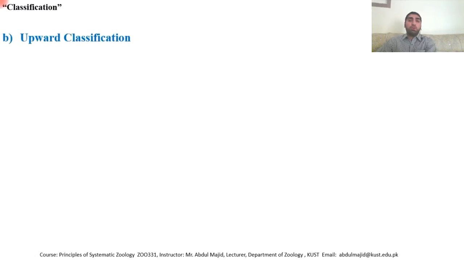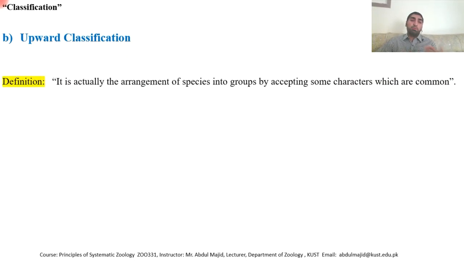Now let's talk about upward classification. In practice we use upward classification, not the downward classification, which was very primitive. So what is upward classification? By definition, it is the arrangement of species into groups. We start at the lower level, not from the higher level; we start at the bottom.